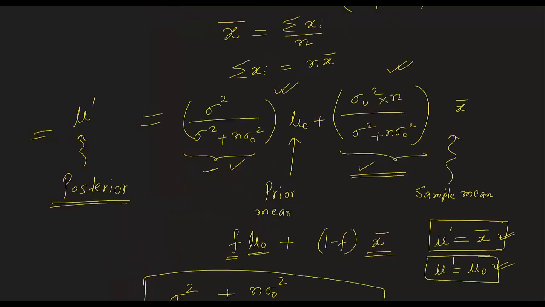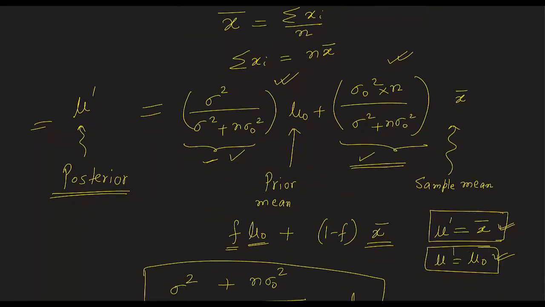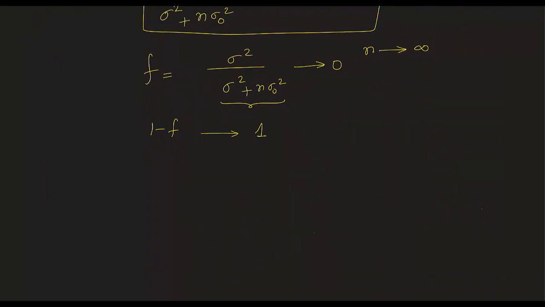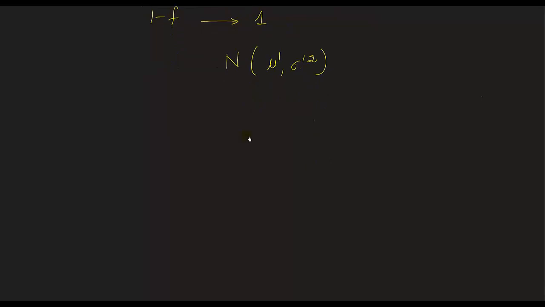So we basically saw in this video how we can calculate the posterior mean, which has a normal distribution with mu dash and sigma dash, that is if I write in terms of variance, sigma dash square. Once I know mu dash and sigma dash, I can plot my posterior distribution for mu.